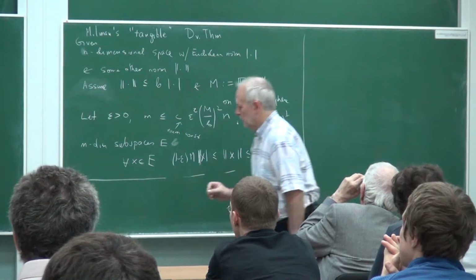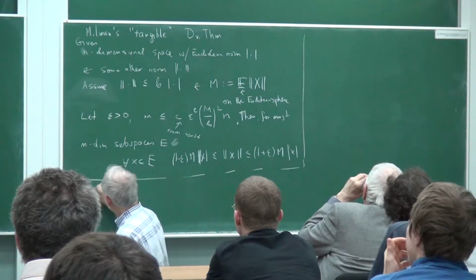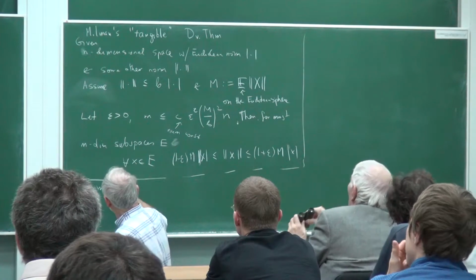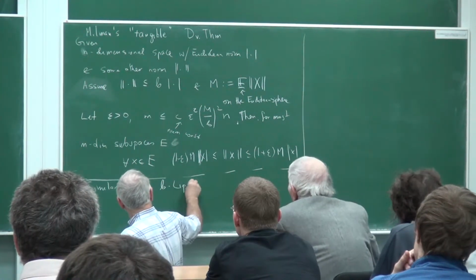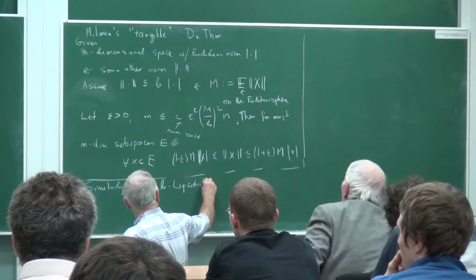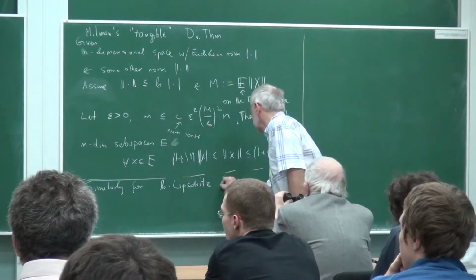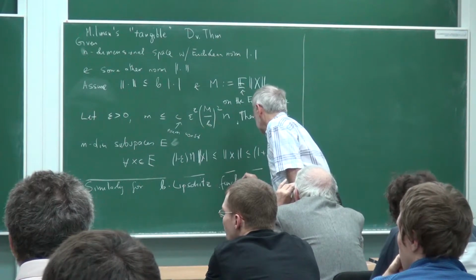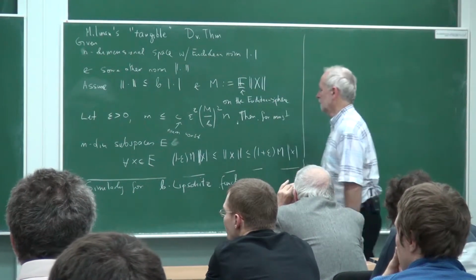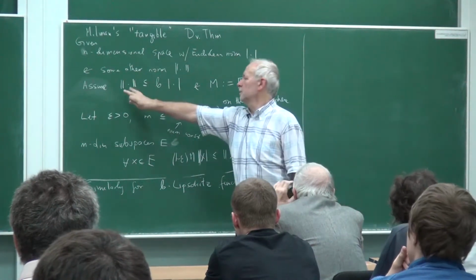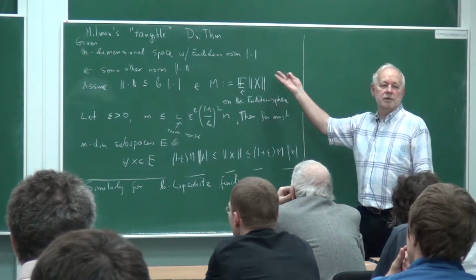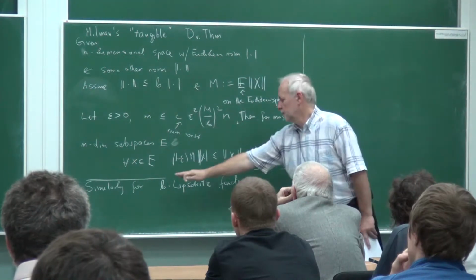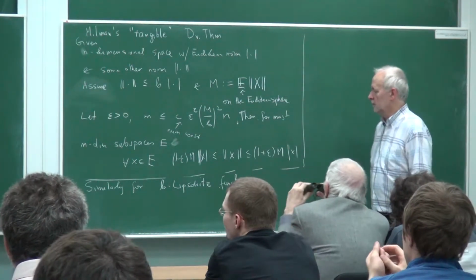And maybe a comment here is that similar statements hold for B-Lipschitz functions. Of course, whenever we have such an estimate, then this norm is B-Lipschitz with respect to the Euclidean metric, but there are similar statements for B-Lipschitz functions.